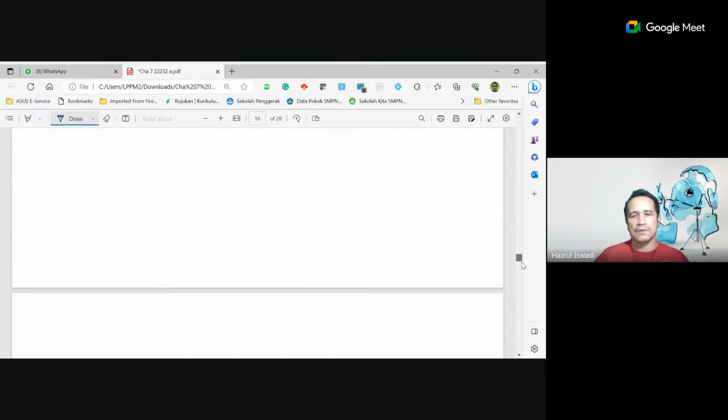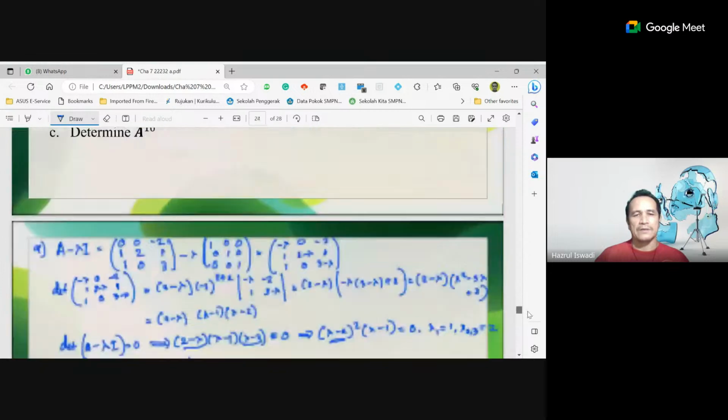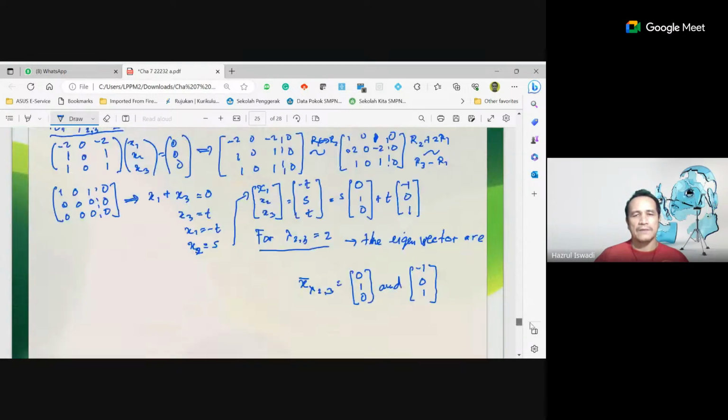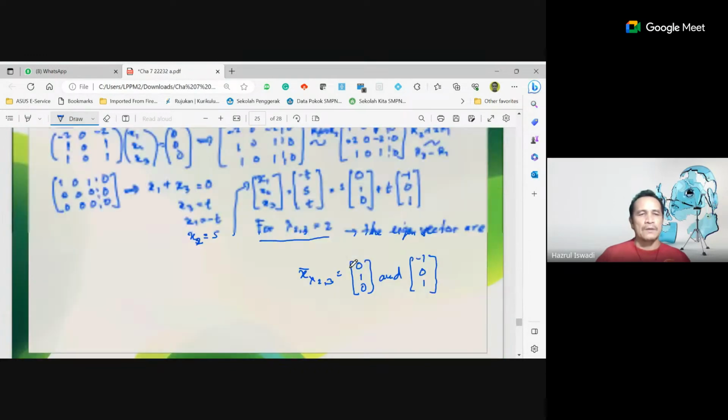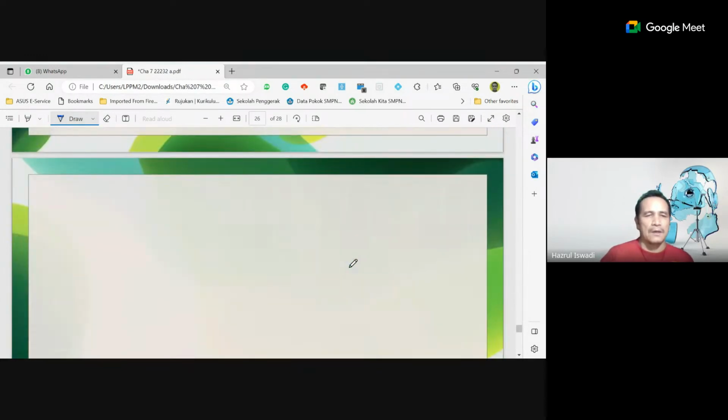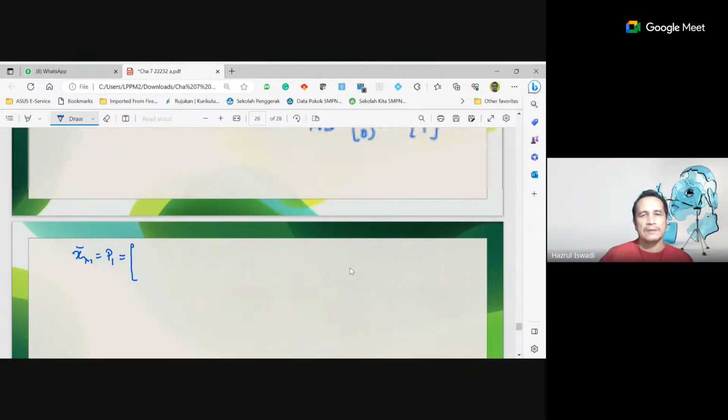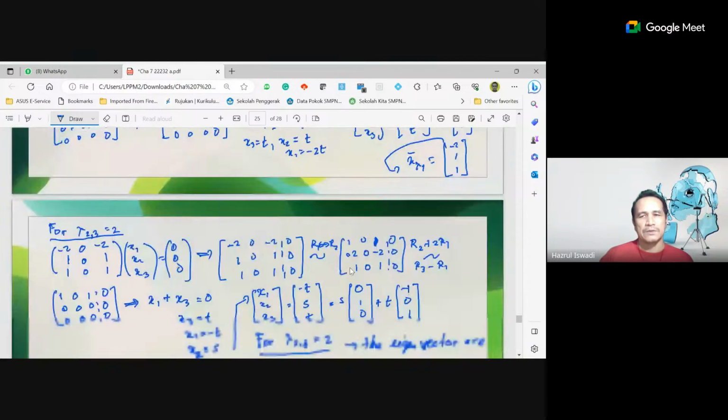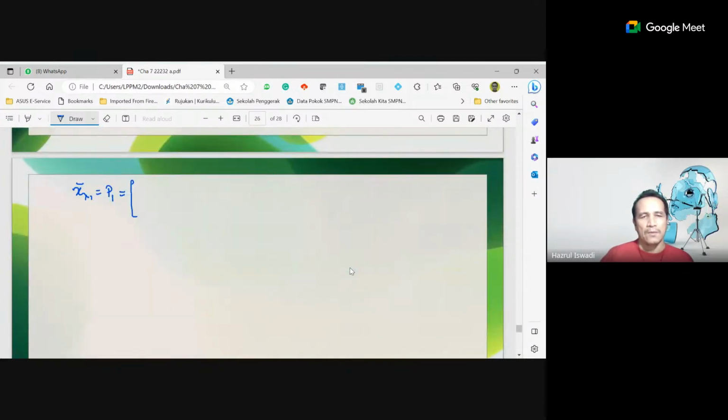In this case, there are two eigenvectors. The eigenvector for lambda 1 can be called P1, which is (-2, 1, 1).